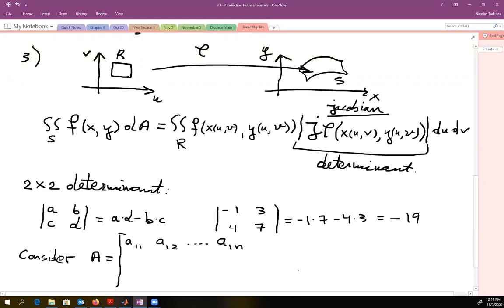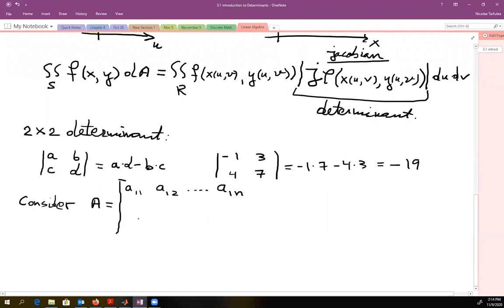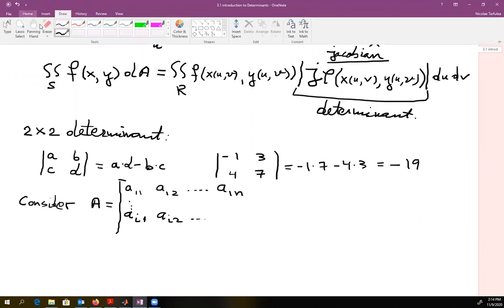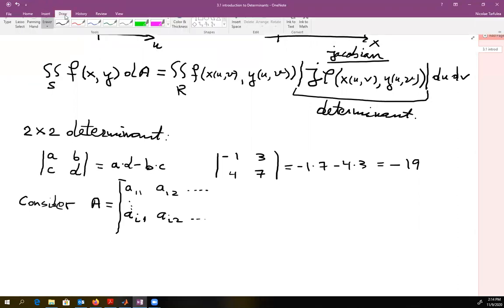And here, let me scroll down a bit. So this is, let's say, the ith row. Maybe I should do a column as well, I mean the generic column, the jth column. Let me just modify this a bit.